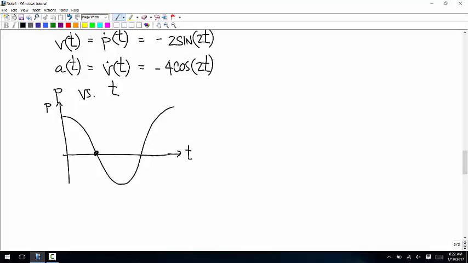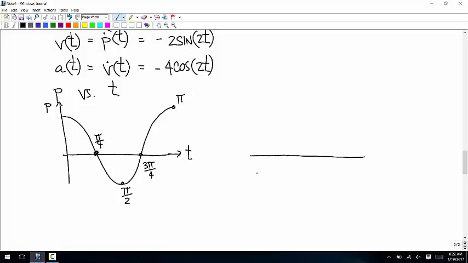Anybody with me? Half of one, usually. Yeah, right. And so this has to be pi over 4, this has to be pi over 2, 3 pi over 4, and this is pi. You understand the reasoning on that?